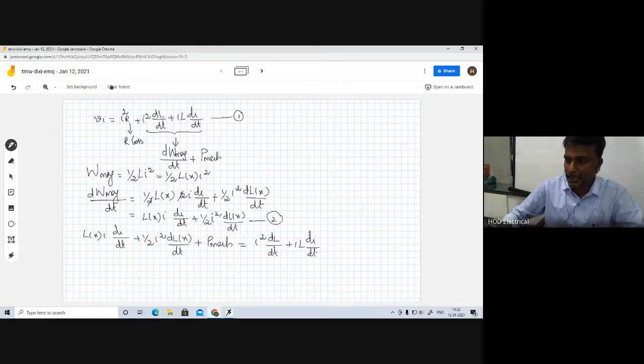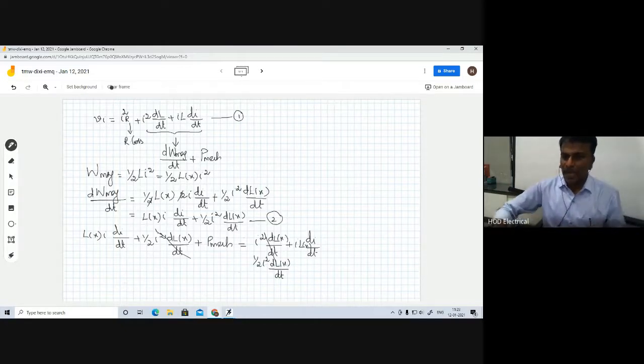So this is the rate of change of magnetic field plus mechanical, which equals the total. From this, the L of x I dI by dt terms and half I squared dL of x divided by dt terms cancel, leaving half I squared dL of x divided by dt.